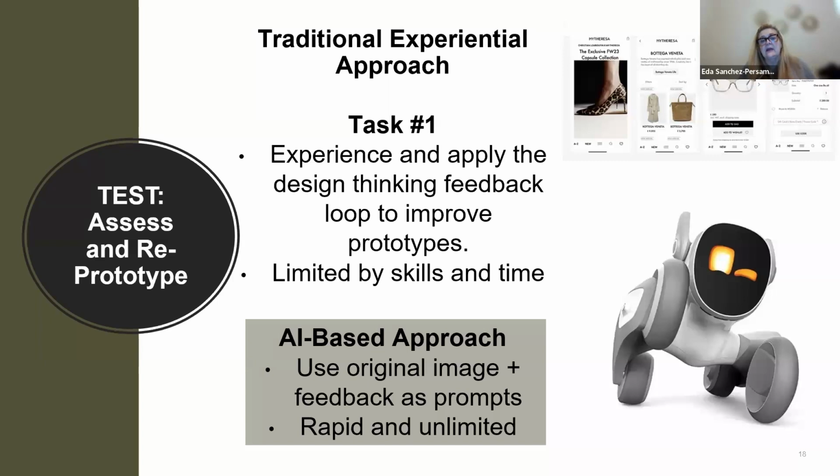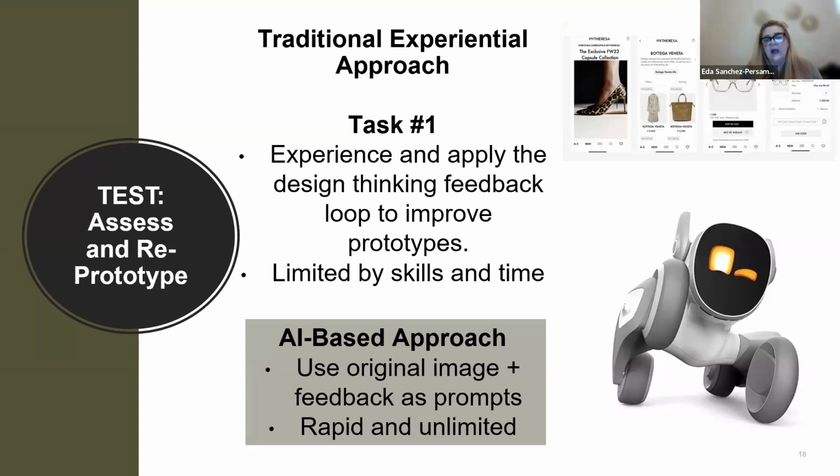Generally, again, this is a feedback loop. They would do their initial prototype, they would all get feedback, and then they would implement the improvements in the next iteration of their prototype. Due to timing, they only really had the opportunity to make one or maybe two next iterations.